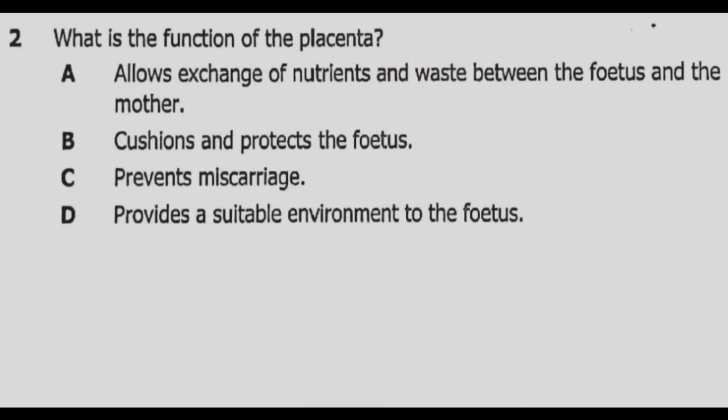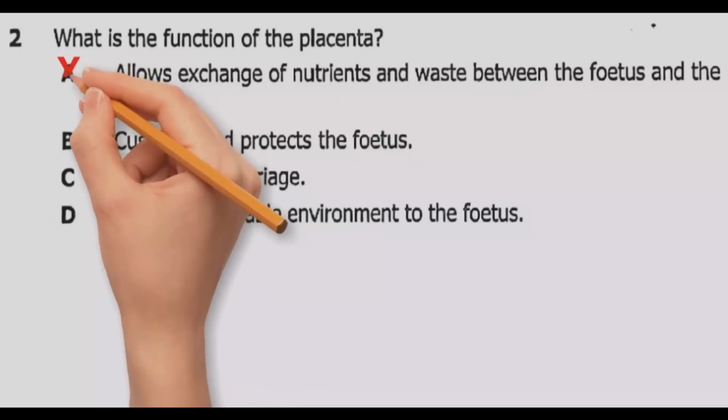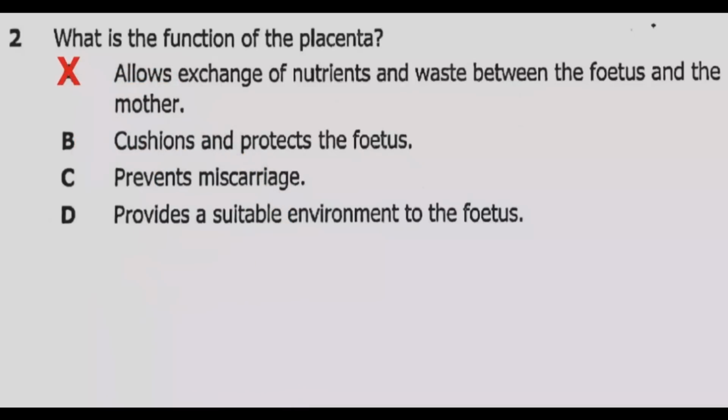Question 2 is, what is the function of the placenta? A, allows exchange of nutrients and waste between the fetus and the mother. That's correct. Let's go to the other answers for the sake of revision. B, cushion and protect the fetus.